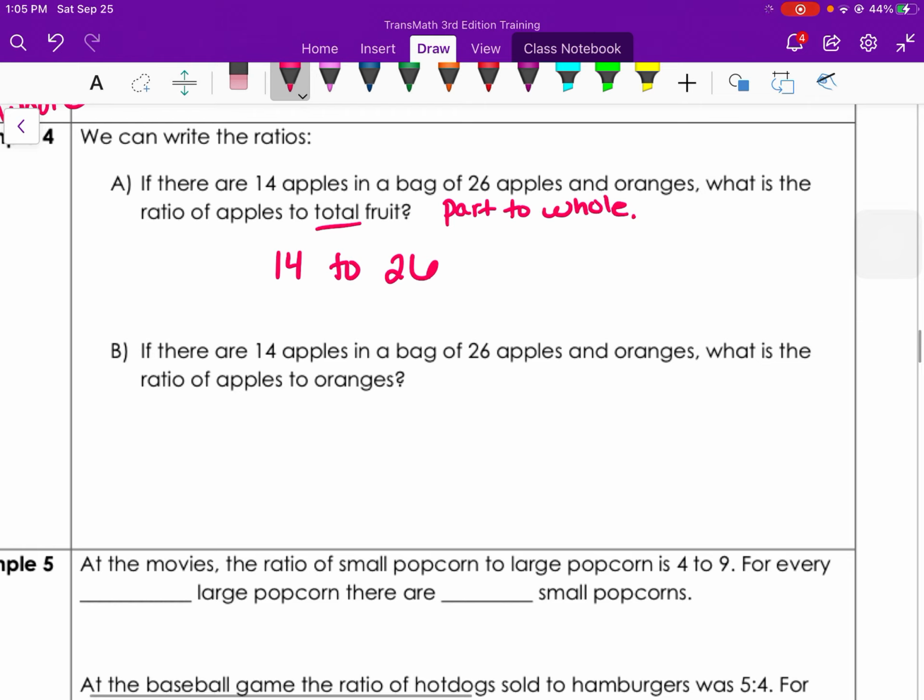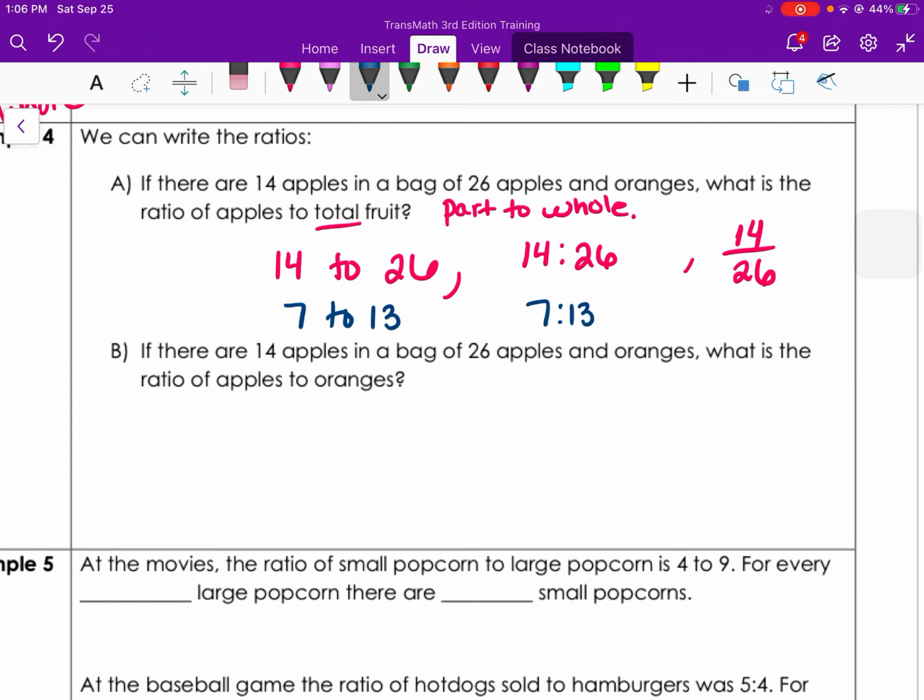So that would be our ratio, which we could also write as 14 to 26, or we can write as 14 out of 26 total. This can be simplified by 2, so it's the same thing as 7 to 13. So it has a reduced ratio, but it's a 7 to 13 ratio of apples to total fruit.